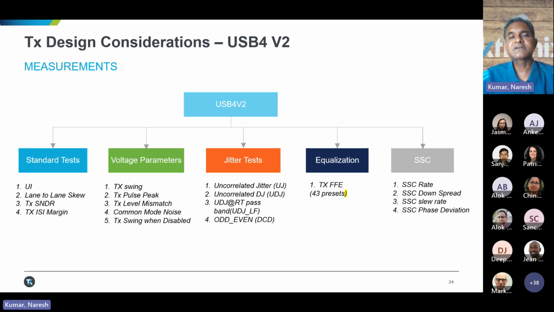In fact, a lot of these tests happen in Plugfest workshops, and people go with their designs to this Plugfest, where companies like Tektronix have their booth, and we have equipment lined up there. People bring their designs, and we run the tests for them and show the results to them to tell them whether they are compliant or they have some parameters which are not so good, some parameters which are good, and so on.